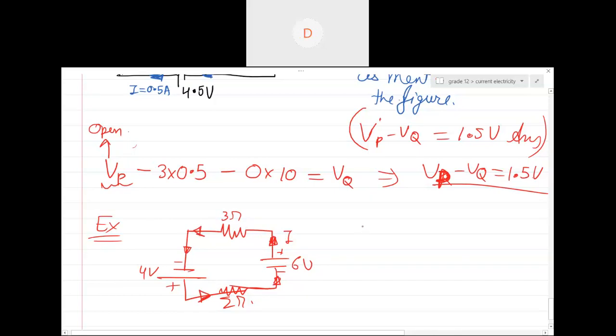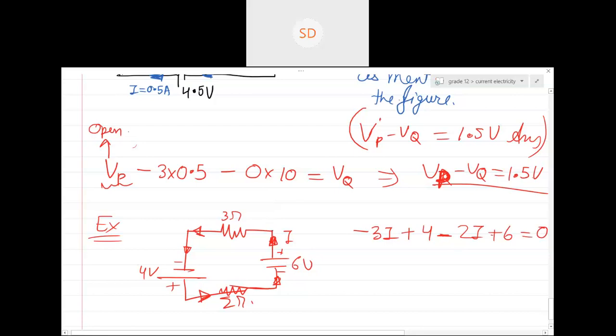The normal Kirchhoff equation. Minus 3i plus 4 minus 2i plus 6 equals 0, right? You write it like this.